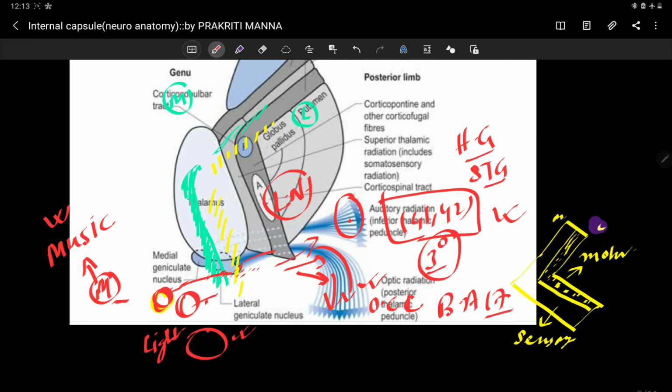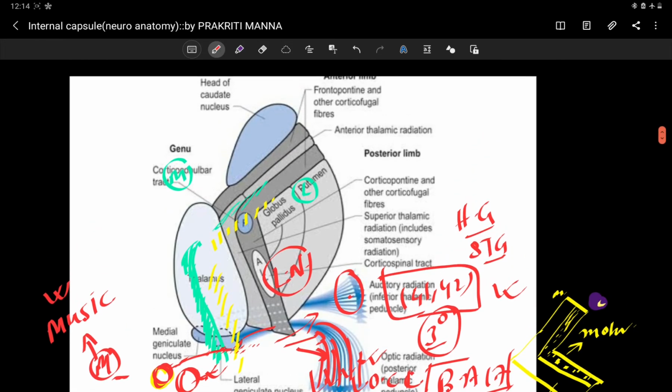That's why these optic fibers, those coming from the lateral geniculate body and reaching the calcarine sulcus of the occipital lobe, are called geniculocalcarine fibers. These fibers are arising from the lateral geniculate body and then reaching the calcarine sulcus of the occipital lobe, or Brodmann area 17, related to the occipito-visual cortex. So this is the basic idea.